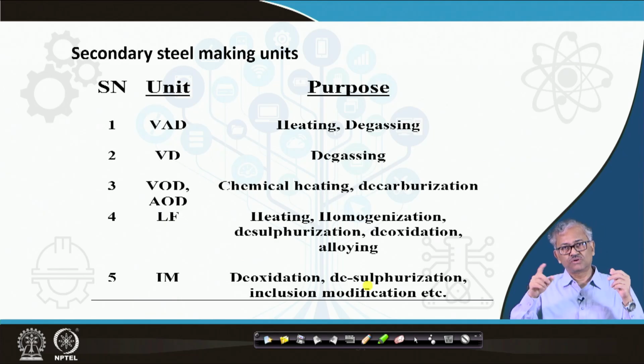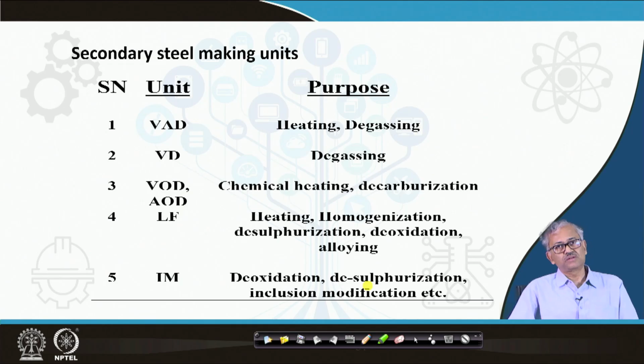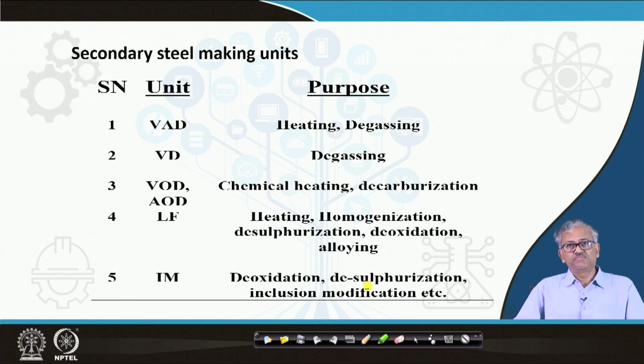The wire will penetrate into the bath, where it will melt. When the wire casing melts, the powder is released, and that is wire injection. So, there are different injection methodologies: submerged injection by lance, or wire feeding. These are called injection metallurgy.